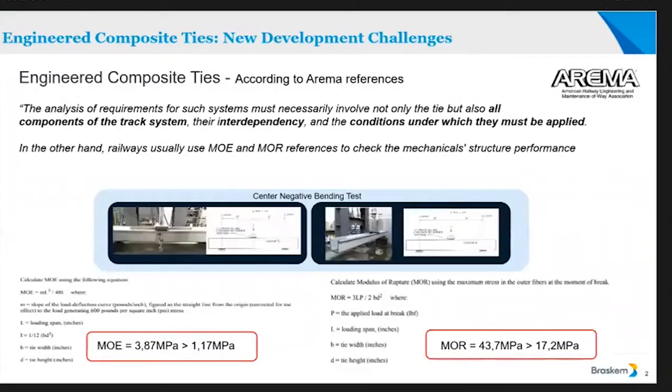Well, according to the AREMA reference, all the components of the track should be checked for analysis of the tie performance. But the majority of the railroads like to see the elasticity modulus and rigid modulus.